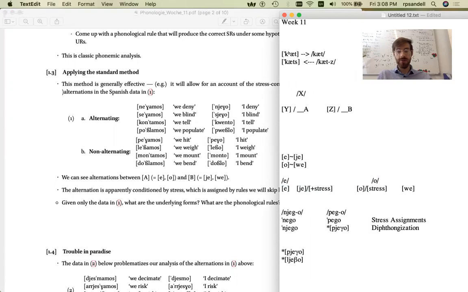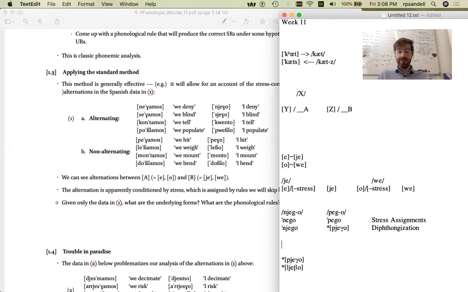So we can try to invert our phonemic analysis here. So now our phonemic analysis for the alternating cases declares we have underlying diphthongs ye and we, which become monophthongs a and o when stressless.